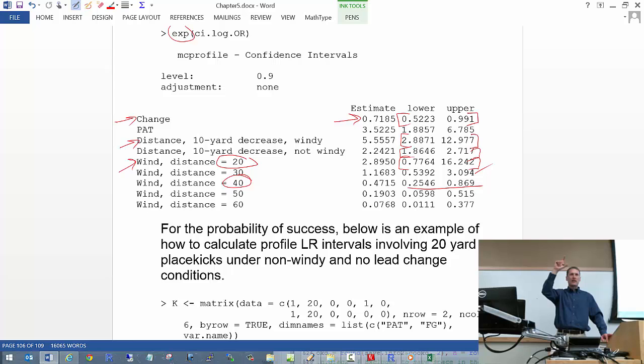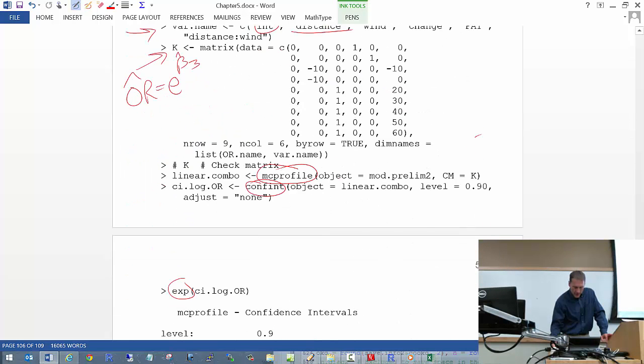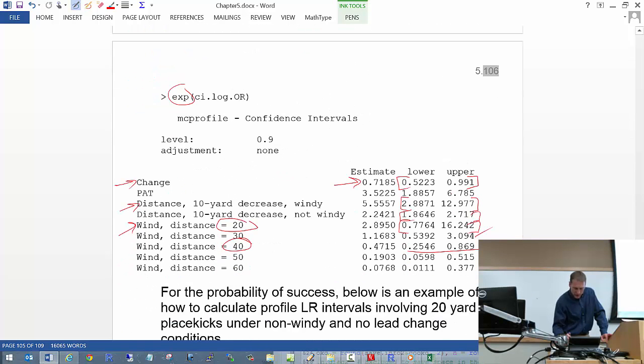So that says the odds of success are higher when it's not windy than when it's windy, since the odds ratio is less than 1. And we can see that same trend occurring throughout there. It's becoming less and less than 1. That again occurs because of this interaction that we see. The longer the place kick, the more it's going to be affected by the wind.